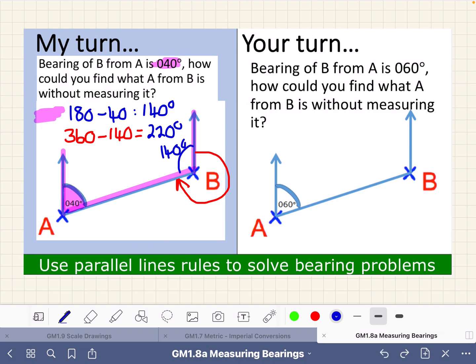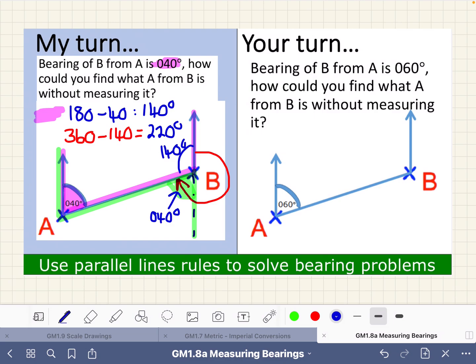The other option we have is to consider the work we did with the alternate angle, where we know that the angle that sits here, and if we extend this north line down, dot, dot, dot, dot, the angle inside there, that makes a Z-type shape, which means this angle here is equal to 040 degrees as well.